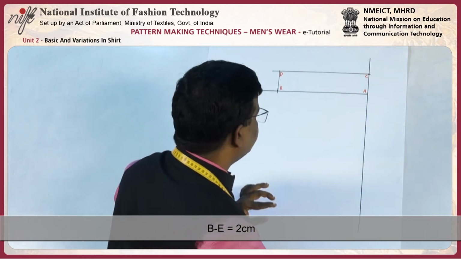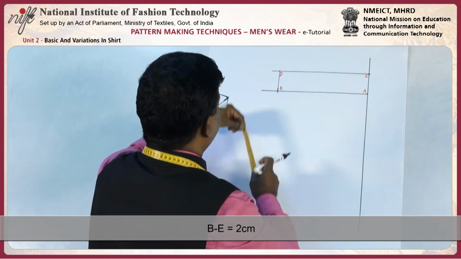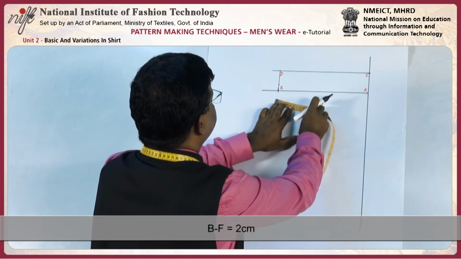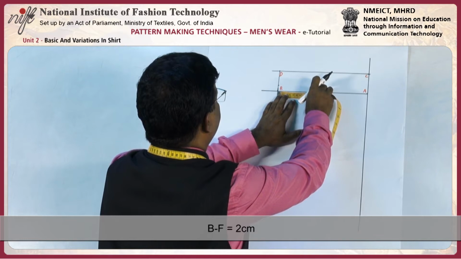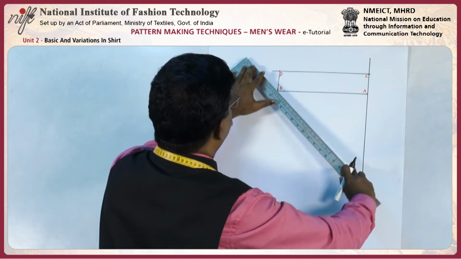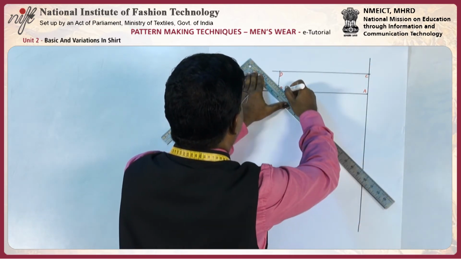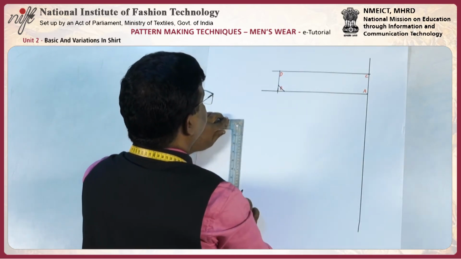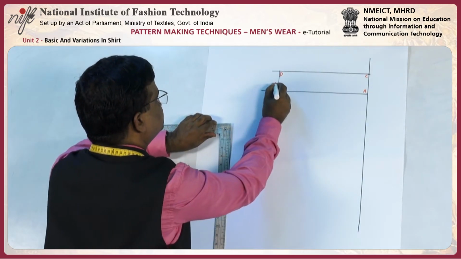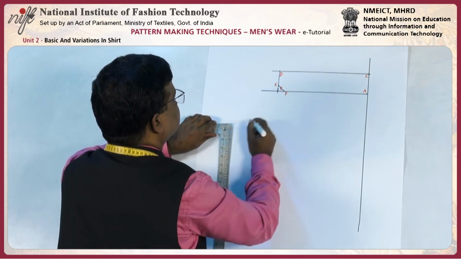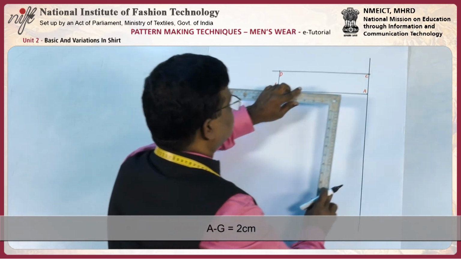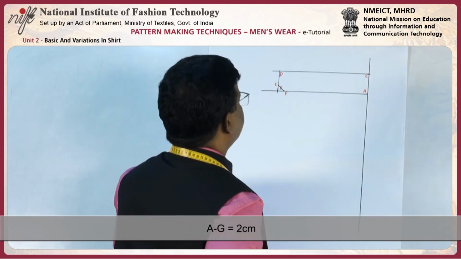B to E, 2 centimeter. B to F is also 2 centimeter. Connect E and F. A to G, 2 centimeter.